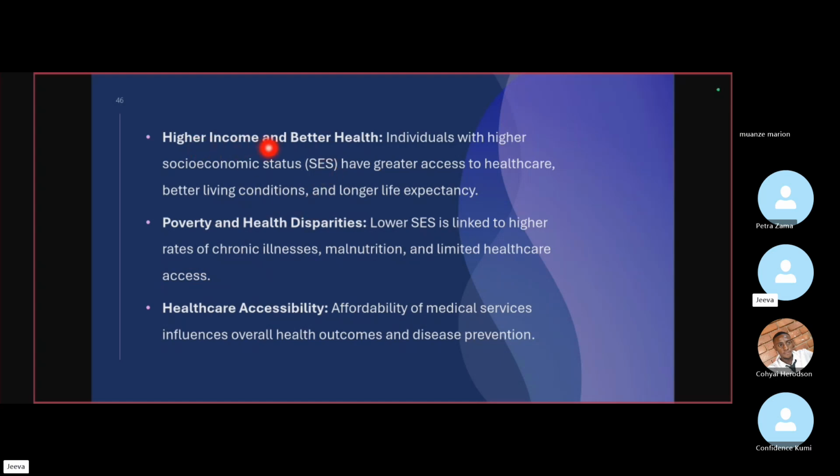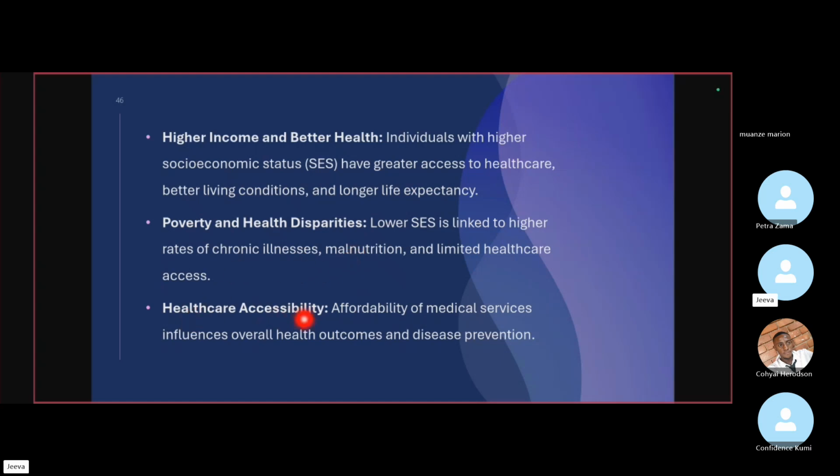Those who are rich enough will have higher economic status, greater access to the healthcare system, and greater life expectancy. Whereas those who are poor or living in poverty are considered to have lower socio-economic status, and they are more prone to chronic illness and malnutrition, and have very limited access to the healthcare system.